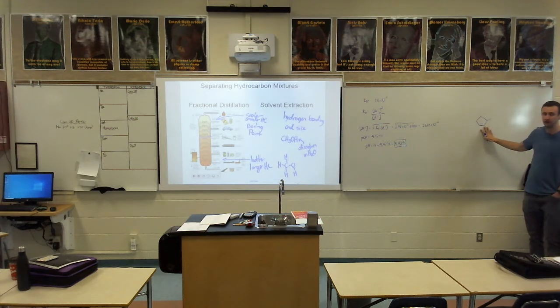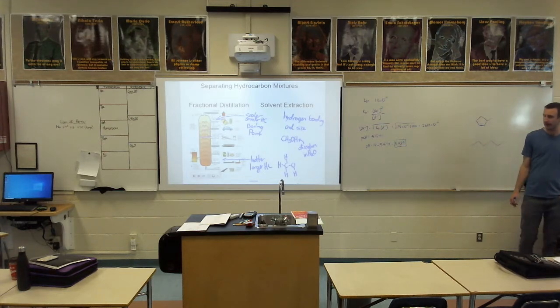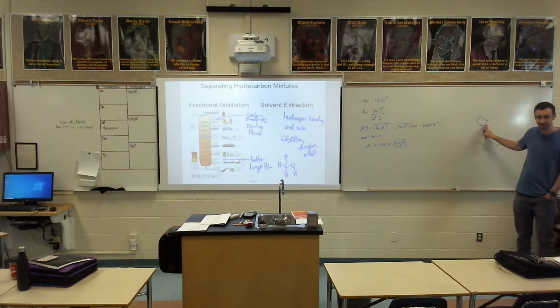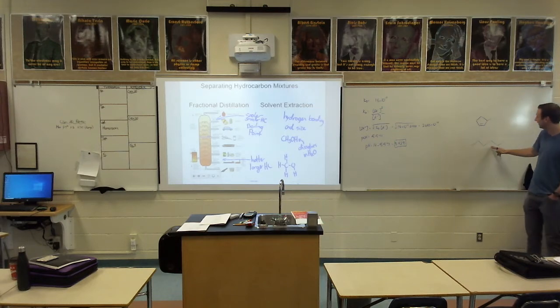What I would do is add something like hexanes to this. The hexanes would dissolve this. Now I could evaporate off the hexanes, and then I've got my pure product. Hexanes dissolve this because both of them are non-polar, and there's no hydrogen bonding.